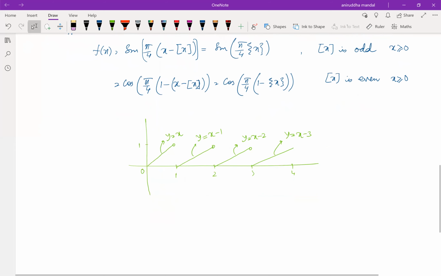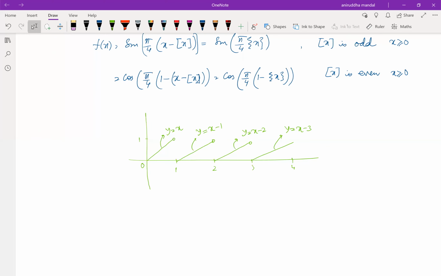Now we will further simplify this function. When x lies between 0 and 1, the box x value is 0, and box x is 0 means the function is even.